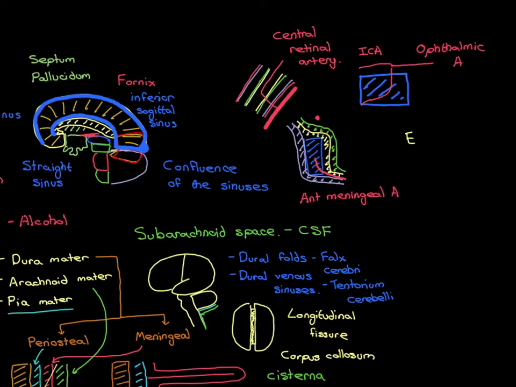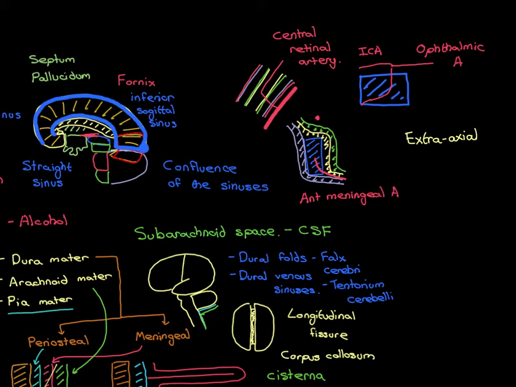So, the ones that are currently in the subarachnoid space, those are called extra-axial brain arteries, and as I say, they will give off branches that will then penetrate through the pia mater to the brain underlying and supply the brain with blood.